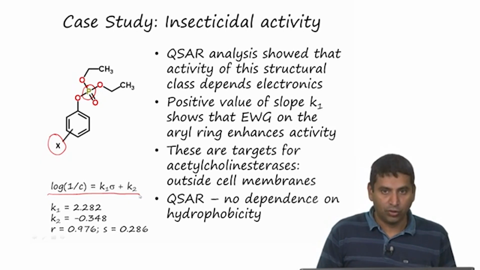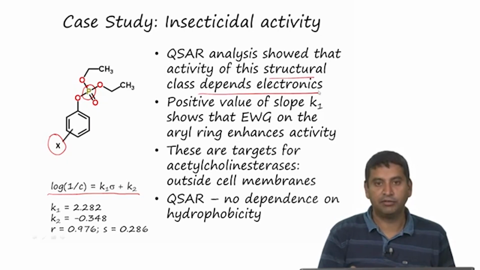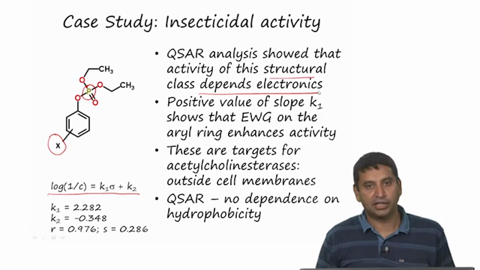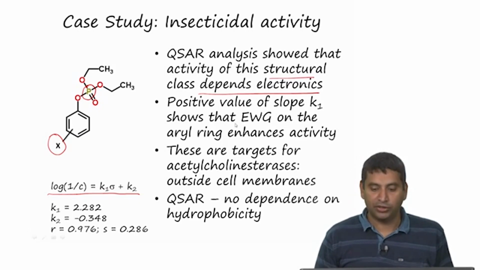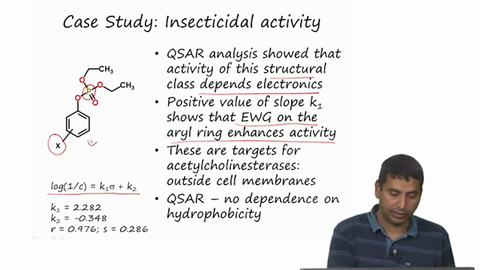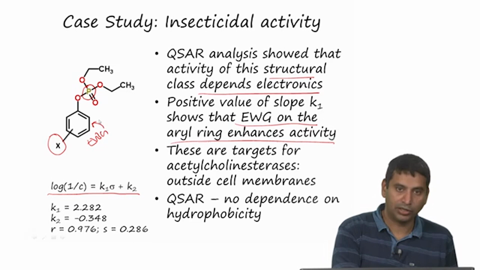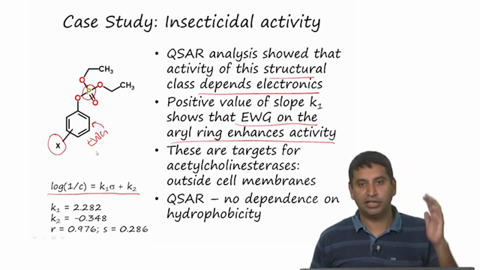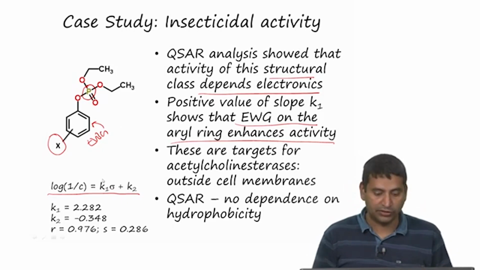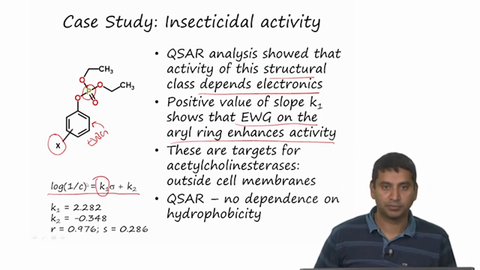It showed that the electronic effect had a tremendous influence on the inhibitory activity by this set of molecules. We find that an electron withdrawing group on the aryl ring enhances the activity, whereas an electron donating group slows it down. That is indicated by the slope K1.